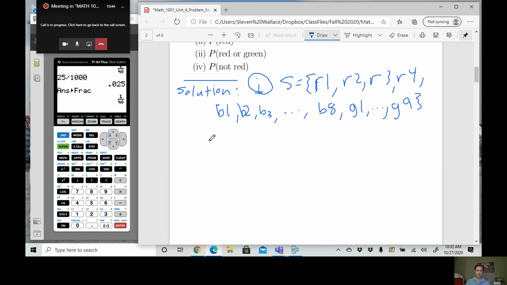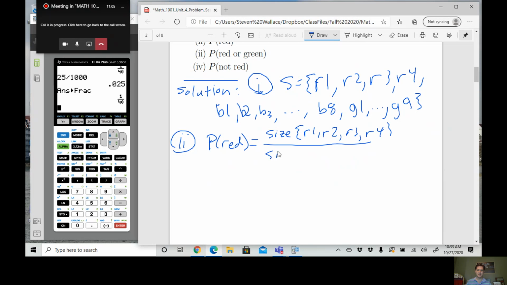So part 2 asks, what's the probability of drawing a red? Well, that's the size of the favorable outcomes, which is either I get red 1, red 2, red 3, or red 4.